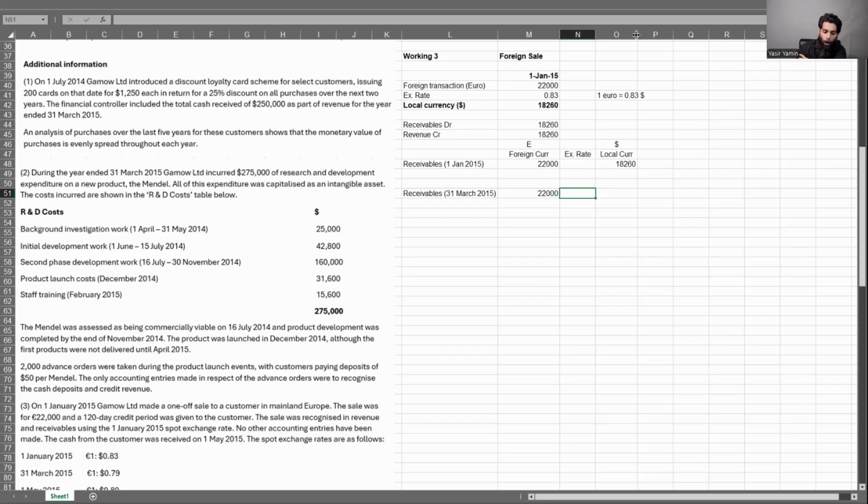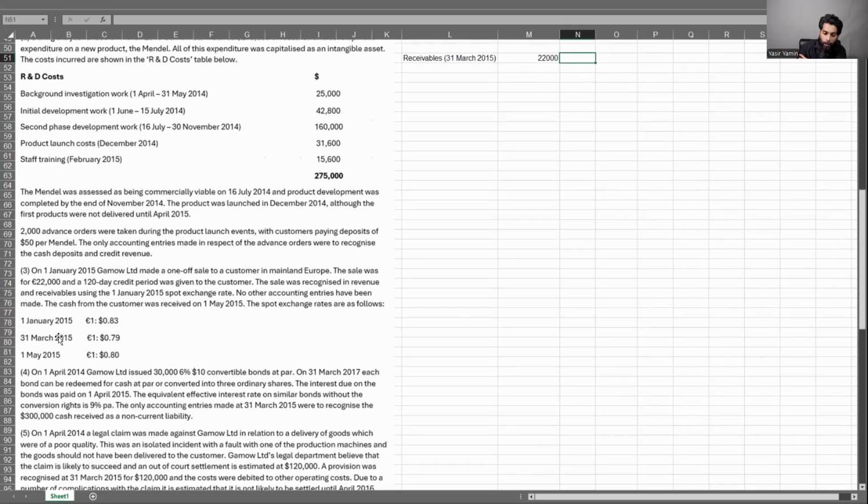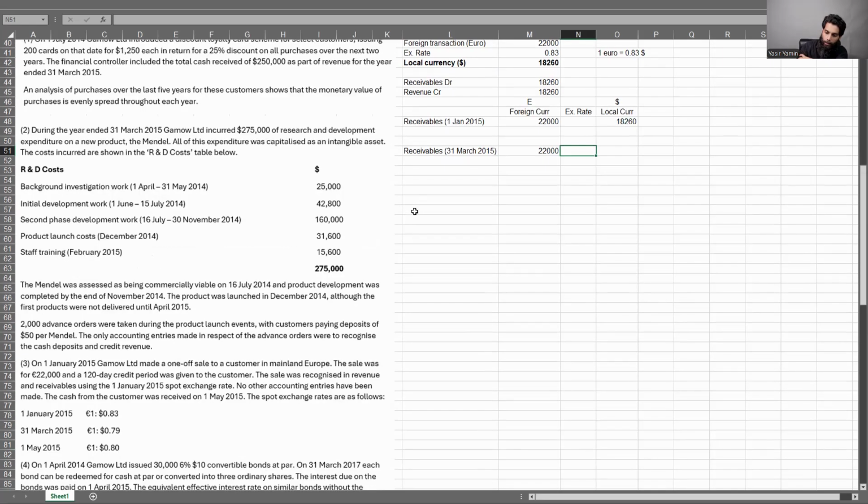If you go down into the question, the closing date exchange rate is €1 = 0.79 dollars. So the exchange rate is 0.79. It was 0.83 before, but it is 0.79 right now.